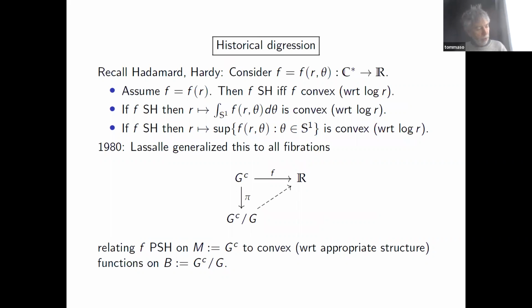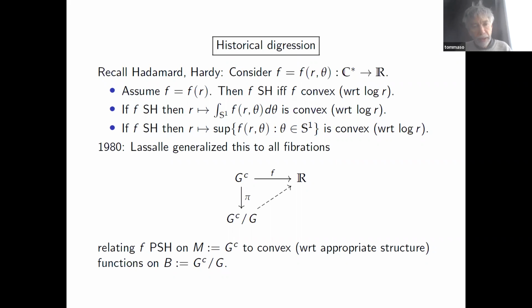So let me first of all comment that this type of problem is again rather old. It goes back to the early 1900s with Hadamard and Hardy, who looked at functions defined in one complex variable on C star, in polar coordinates r and theta. They noticed that if the function is invariant with respect to theta, with respect to rotations, then the notion of subharmonic is equivalent to being convex in the variable r.